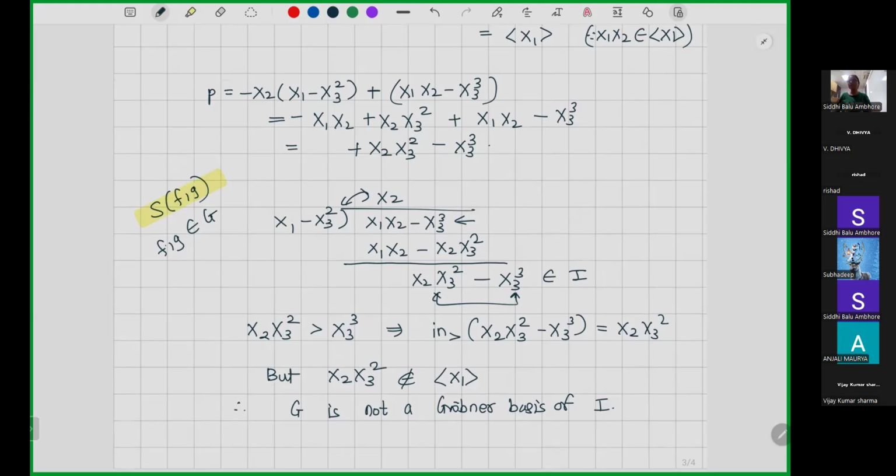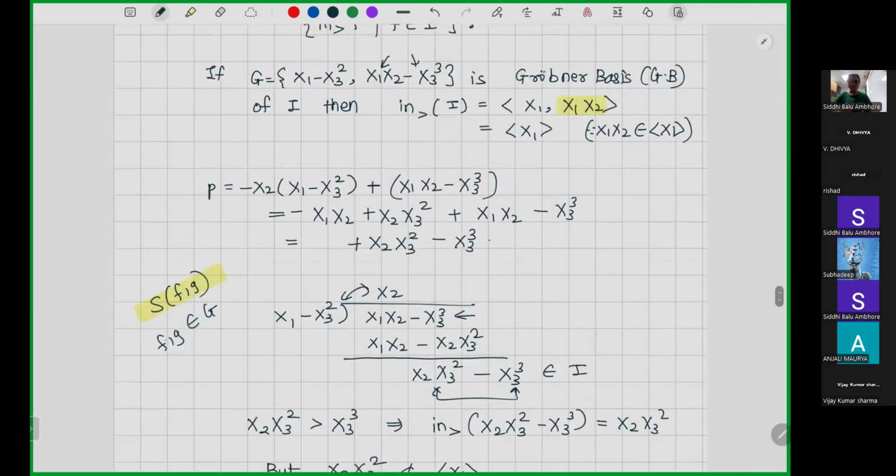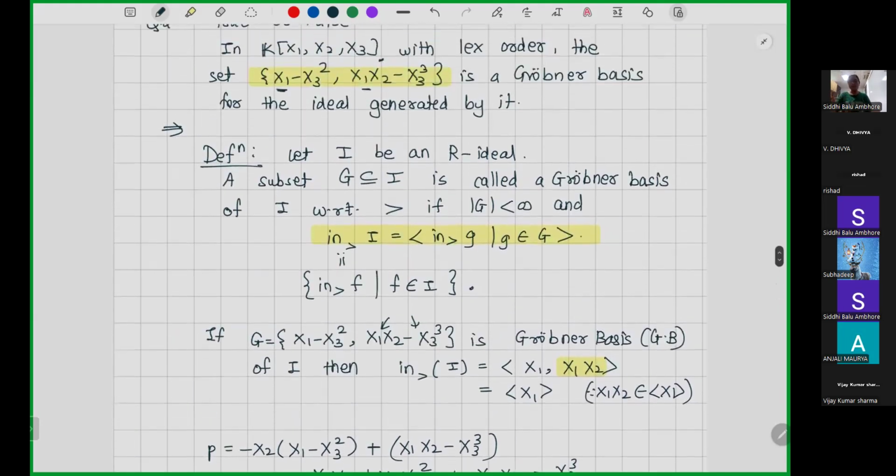F, G, and H, then how do you decide which polynomial to divide with? Like, you choose x1 minus x3 cube. So the initial term, by that we choose whom to divide. So whenever we try to divide, we arrange the polynomial from highest degree to lowest degree.